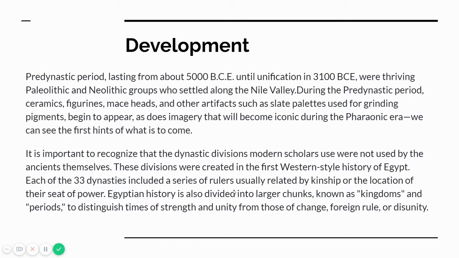Egyptian history is also divided into larger chunks known as kingdoms and periods. And again, this is just a way for historians to look back at ancient civilizations and make distinctions between such an expansive frame of time.